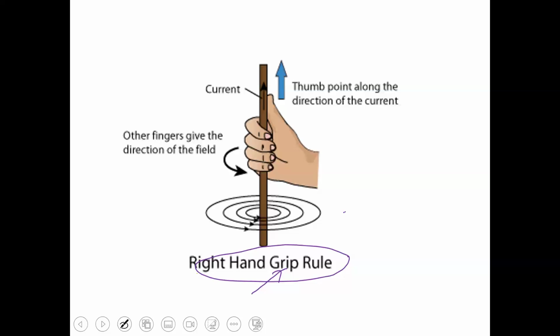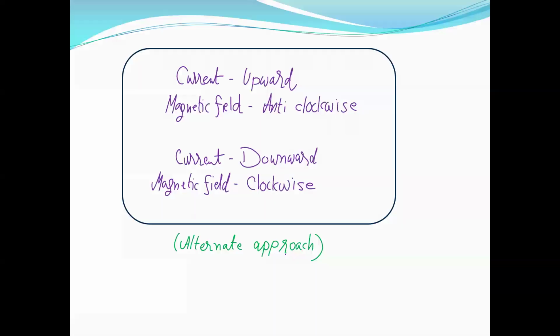This is, as I think Adil said, called what in our O level? Right hand grip rule. And the right hand grip rule has two options. Now remember the concept from our O level.